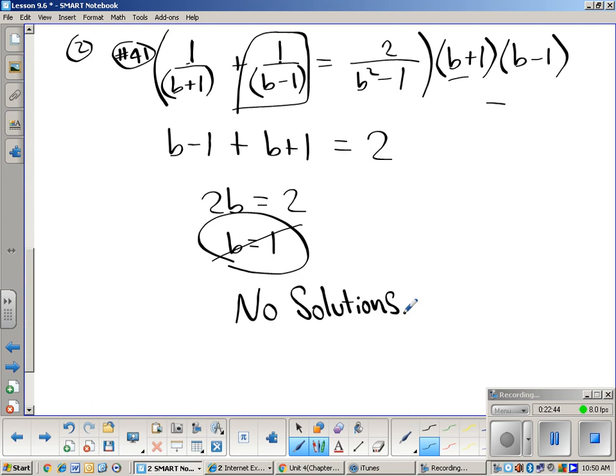No solution is a good way of saying that. So you do have to check your solutions when you're done to make sure that they work, because as we saw here, they don't always. And sometimes we only get one that doesn't work.